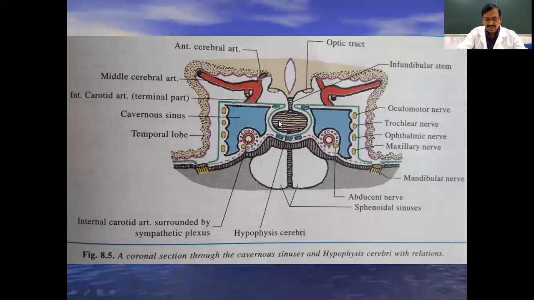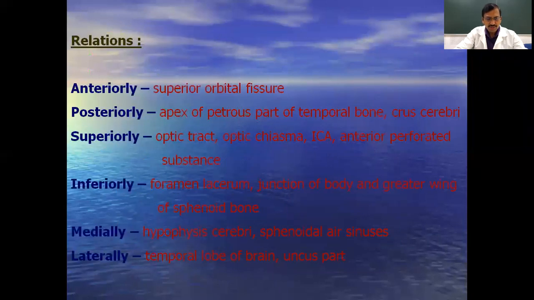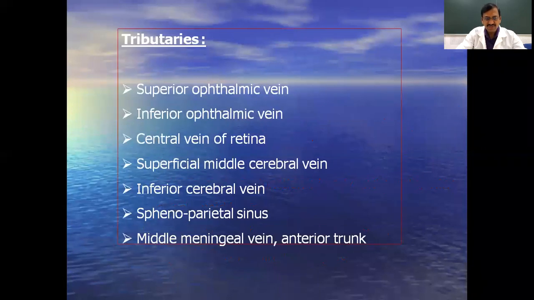These are the sphenoidal air sinuses, and this is the fossa for the hypophysis cerebri, and this total is the body of the sphenoid bone. Next, laterally, it is related to the temporal lobe of the brain and the uncus. These are the relations of the cavernous sinus.